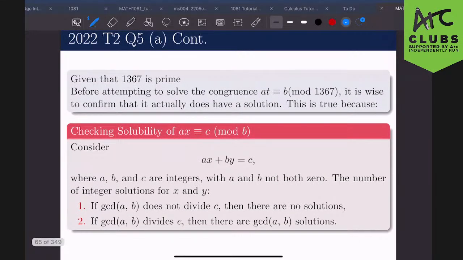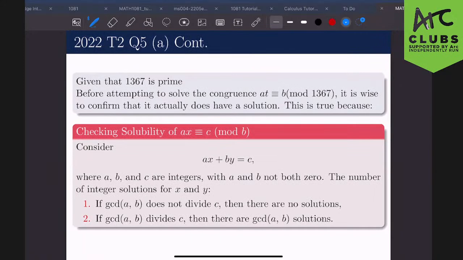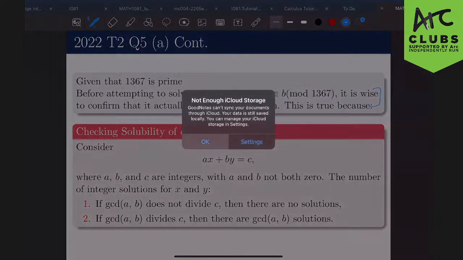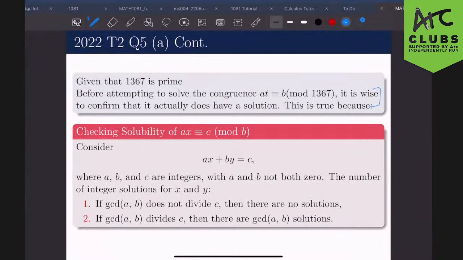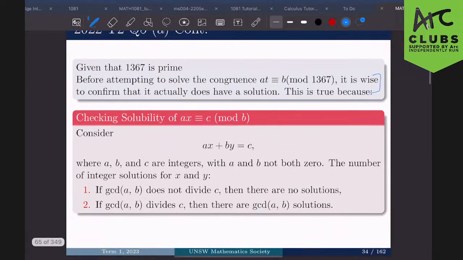Okay, and then this is kind of like a small theory question as to whether or not our equation actually does have a solution. And we can just refer back to this. 1367 is prime.